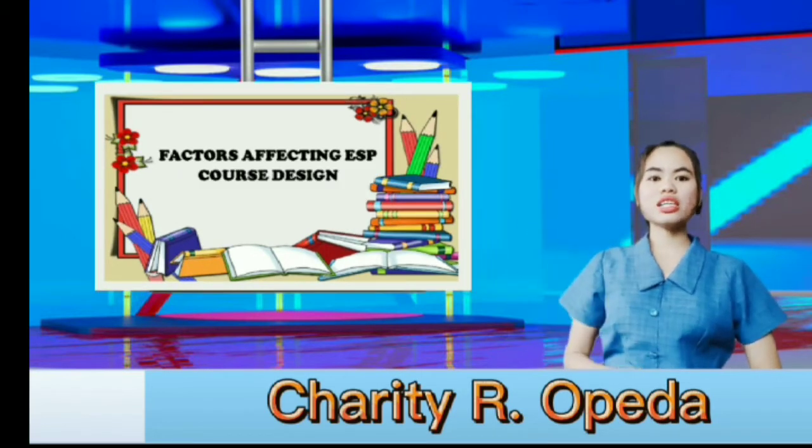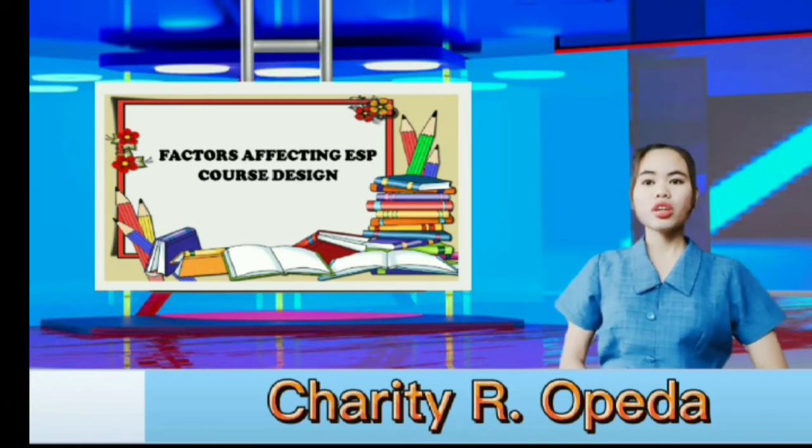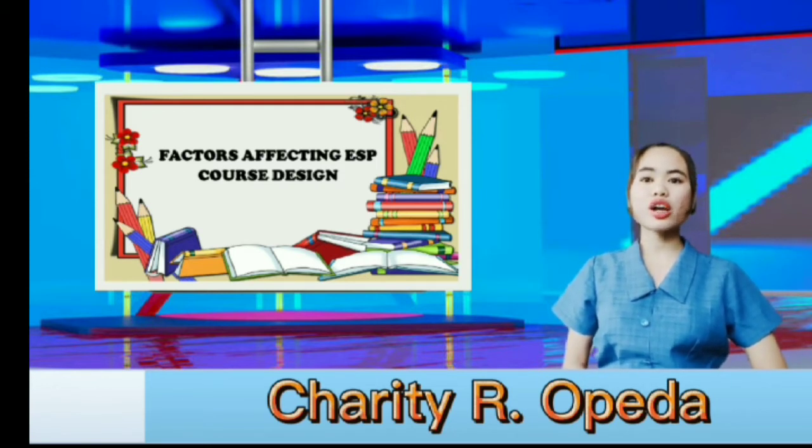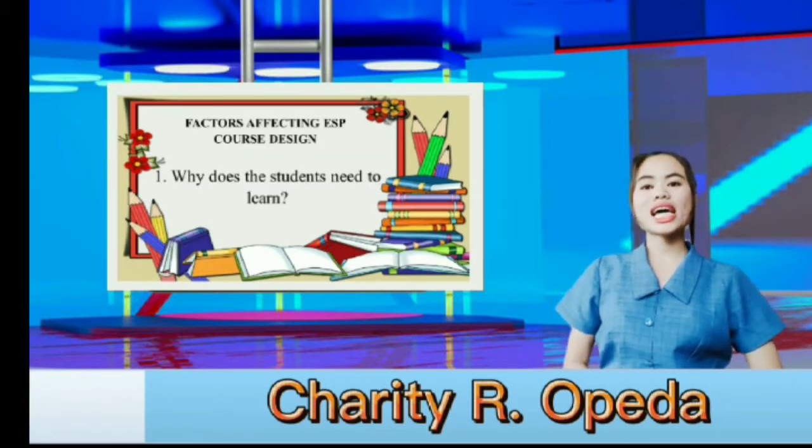Factors affecting ESP course design. In relation to the factors affecting course design, Hutchinson and Waters use Kipling's Honest Serving Men to outline the basic questions that we need to know before designing a course, as follows. First, why do the students need to learn?